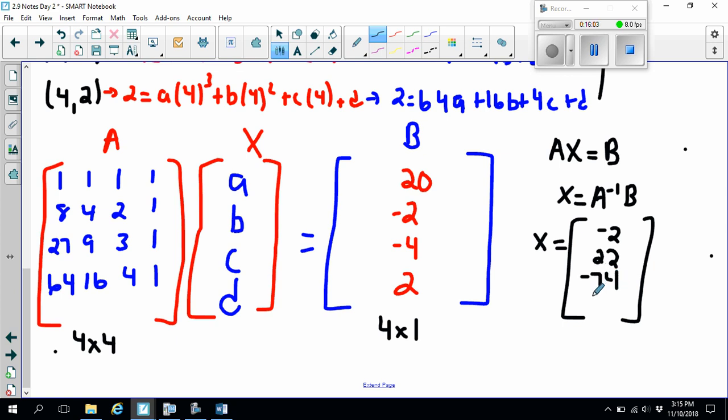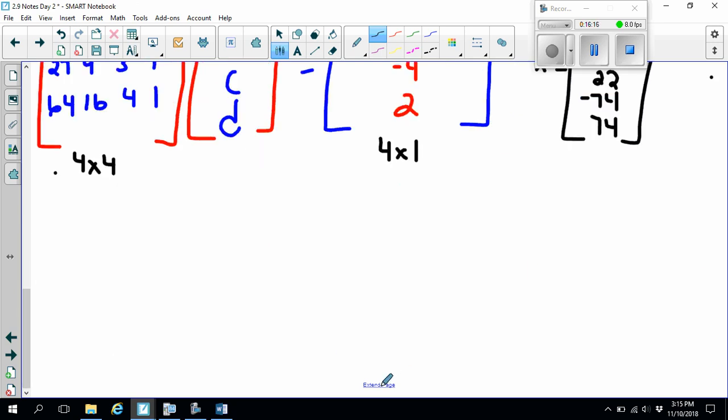Now, we're not done, because what we have to do is write a polynomial function. So we're going to take these values, and now these are A, B, C, and D values, and we're going to write a cubic polynomial function.